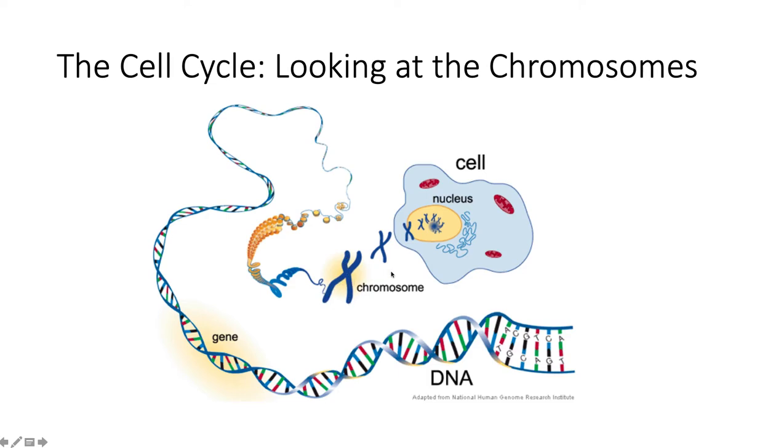And humans have 46 chromosomes. We have 46 little packages of DNA that are inside the nucleus of our cells. And that's where the chromosomes are going to be. So that's the focus that we're going to have when we look at the next diagram. We're looking at what the chromosomes are doing during the cell cycle.